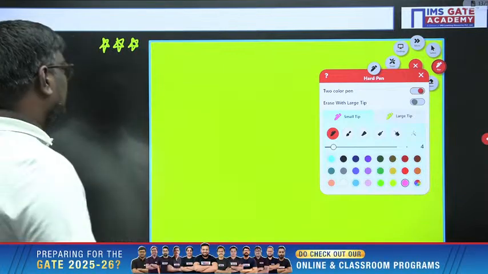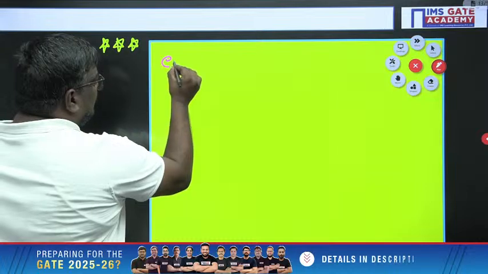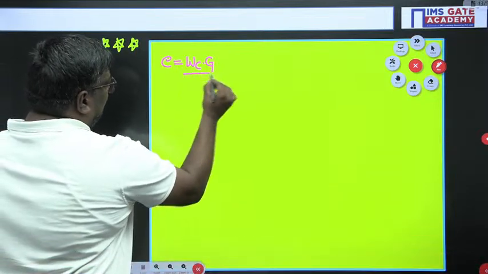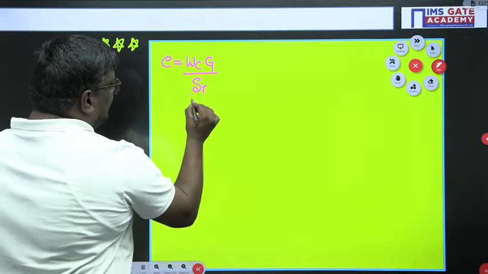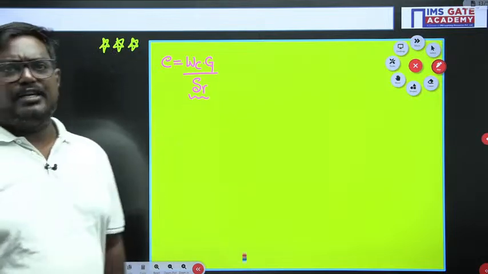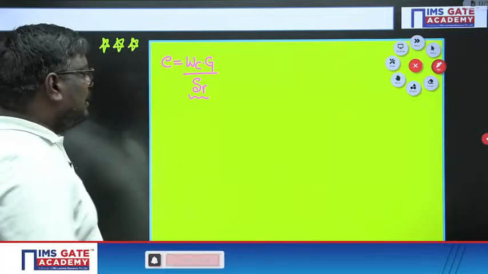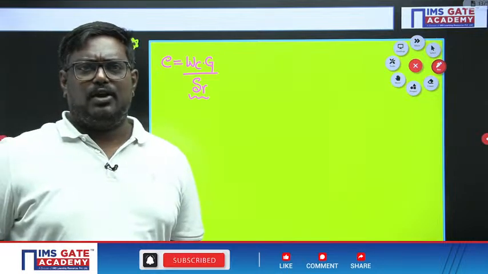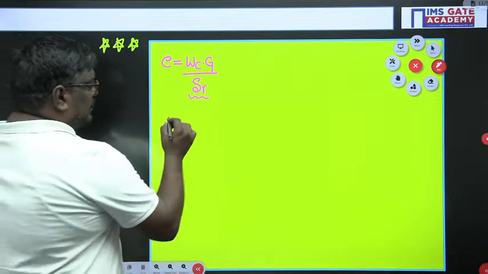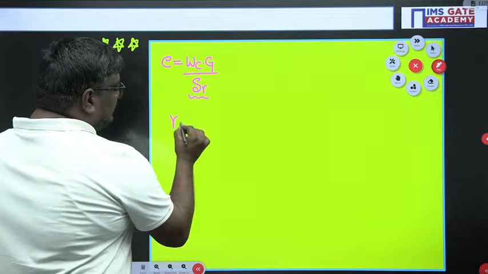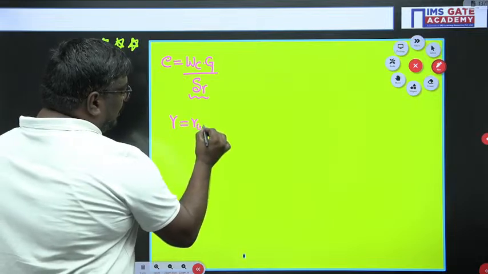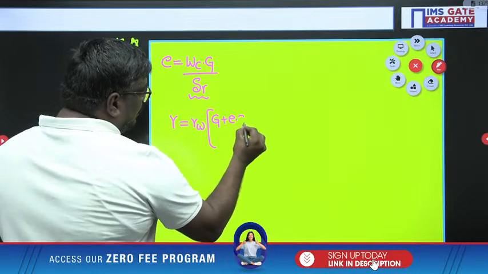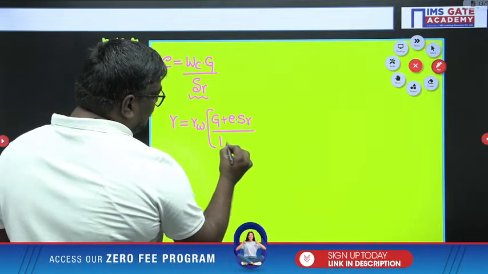Now see, students, the important relations. E is equal to w G upon S_r. Now, my dear students, in fully saturated soils, the degree of saturation will be equal to 1. Am I correct or wrong, sir? Similarly, you know gamma is equal to gamma_w into (G plus E S_r) upon (1 plus E).